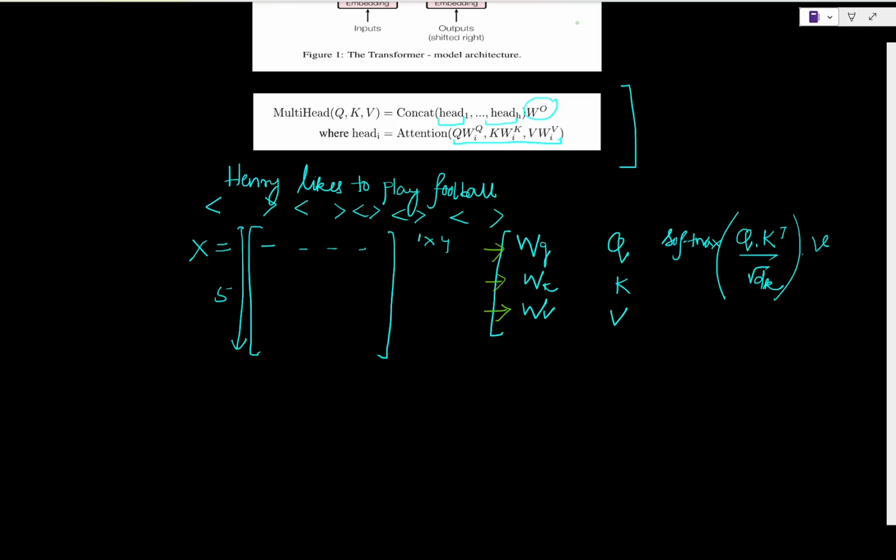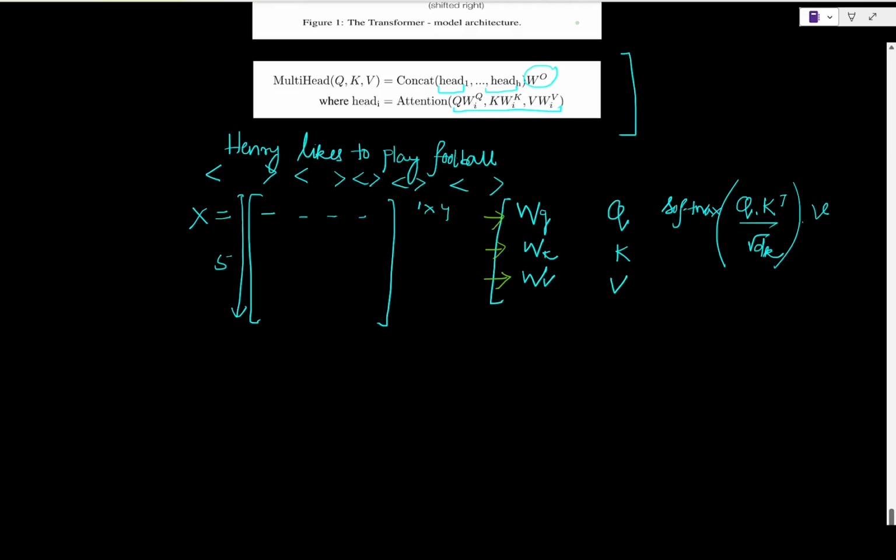So the idea for multi-head attention is, why don't we use multiple projection subspaces? I mean, instead of just WQ, WK, WV, why don't we have W0Q, W0K, and W0V?